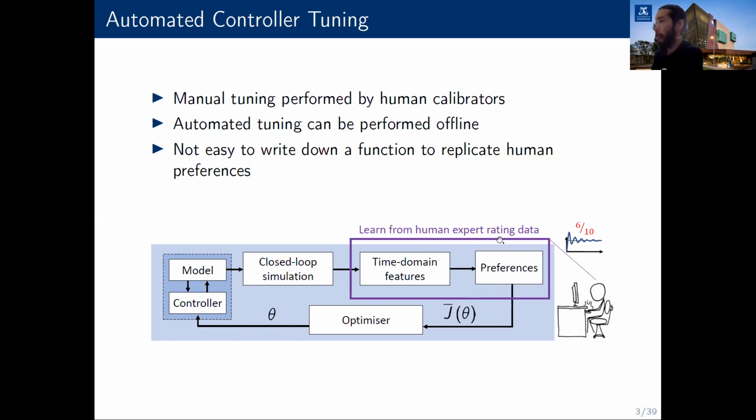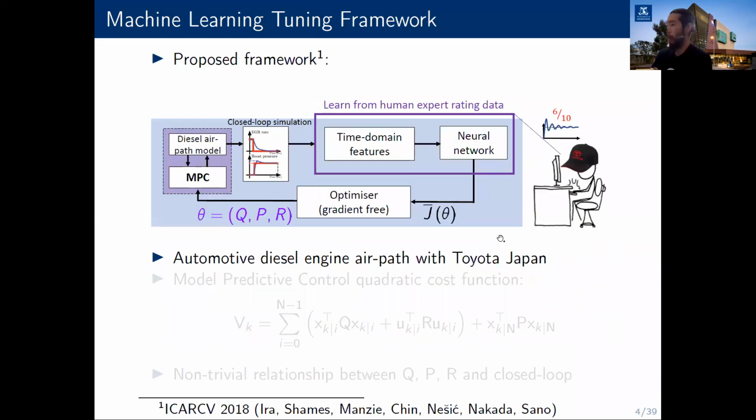This was actually done in some previous work that appeared in a conference paper, where we applied this concept of using machine learning to learn preferences to tuning MPC for the diesel air path. This is in collaboration with Toyota Japan.